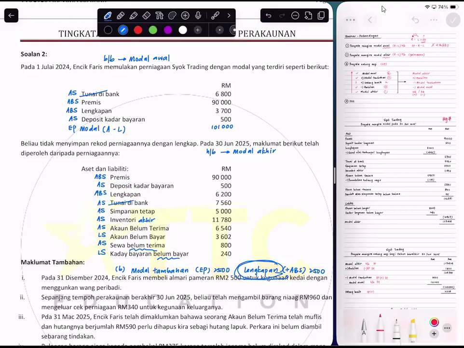But what you need to take note of is that out of the total of 6,200 lengkapan, we have two portions here. We have 2,500 out of the total that is newly purchased on 31st December 2024, which we need to apply tempo to if you need to calculate susut nilai later.